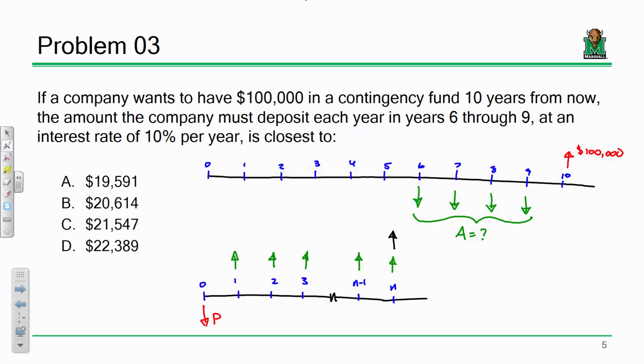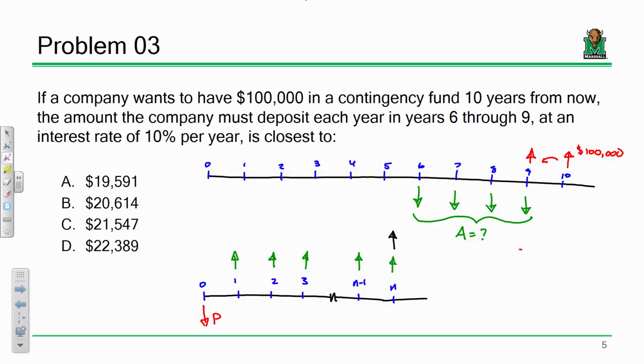Does that make sense? So I'm going to take this and bring it back. So how do I bring that $100,000 back 1 year? Exactly. So let me move this back 1 year to right here.